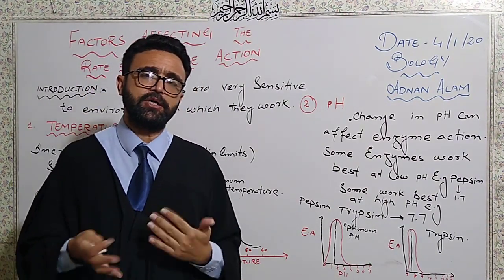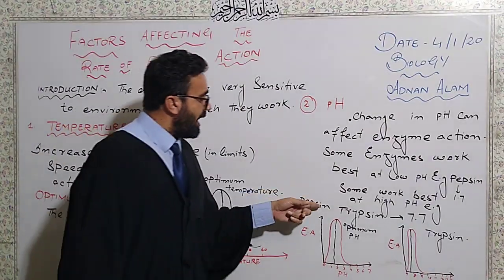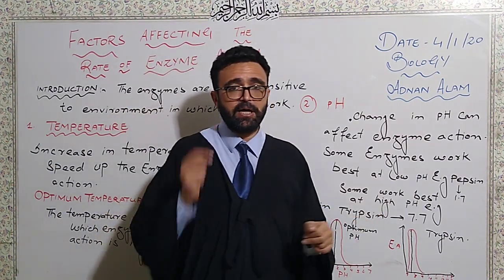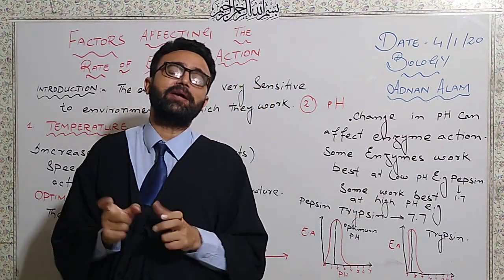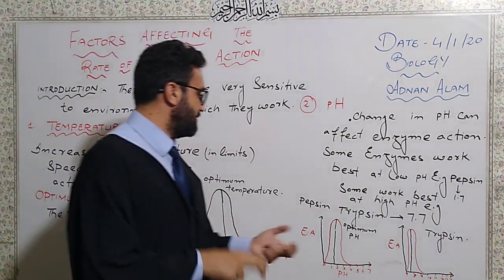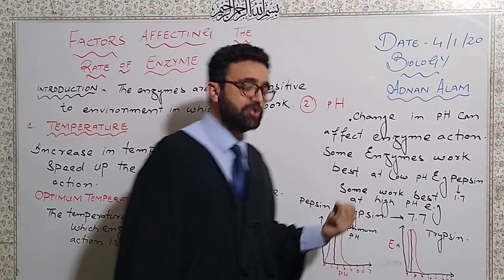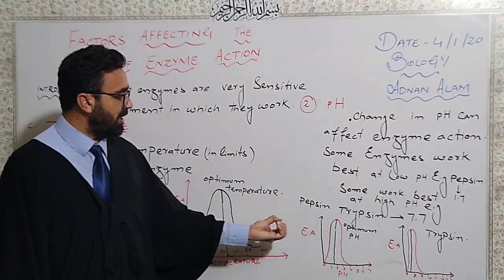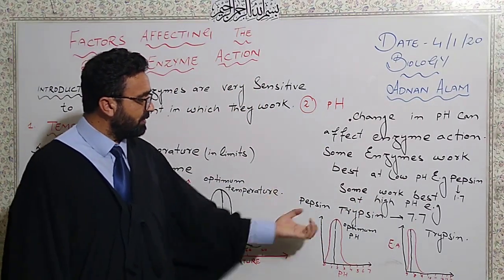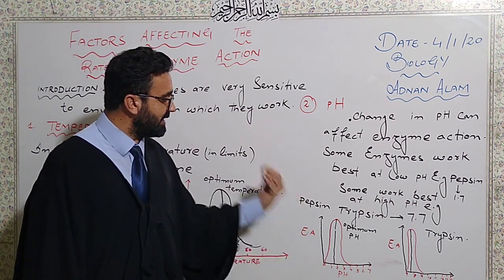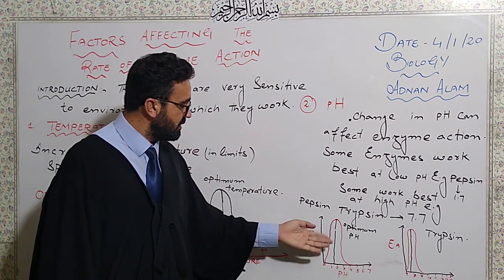Some books write 2 also. And trypsin, which is an enzyme of the pancreas working in the small intestine, works best at pH 7.7. So the optimum pH is that pH at which an enzyme works best, or the enzymatic activity is the best.